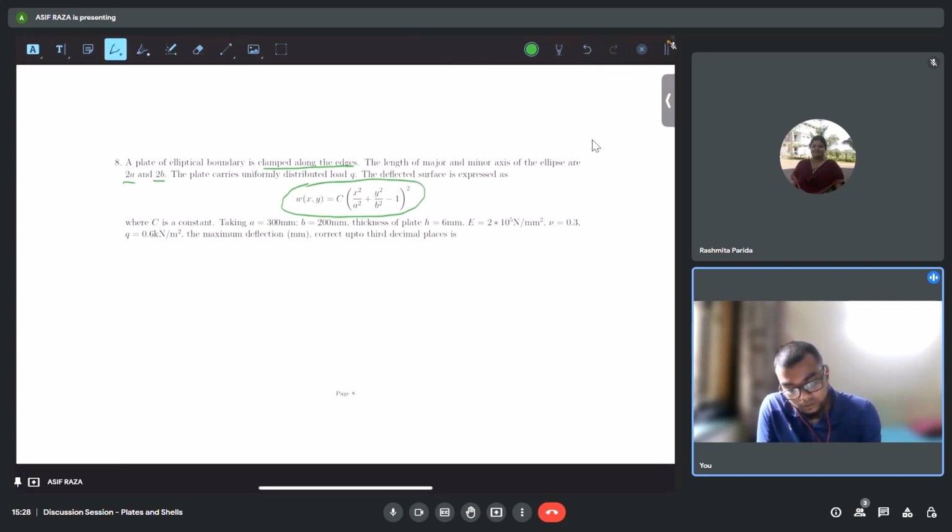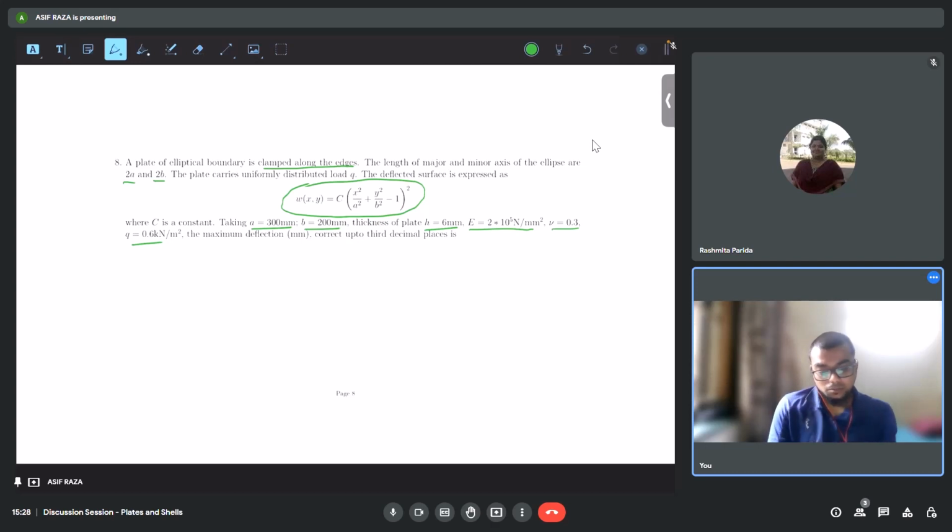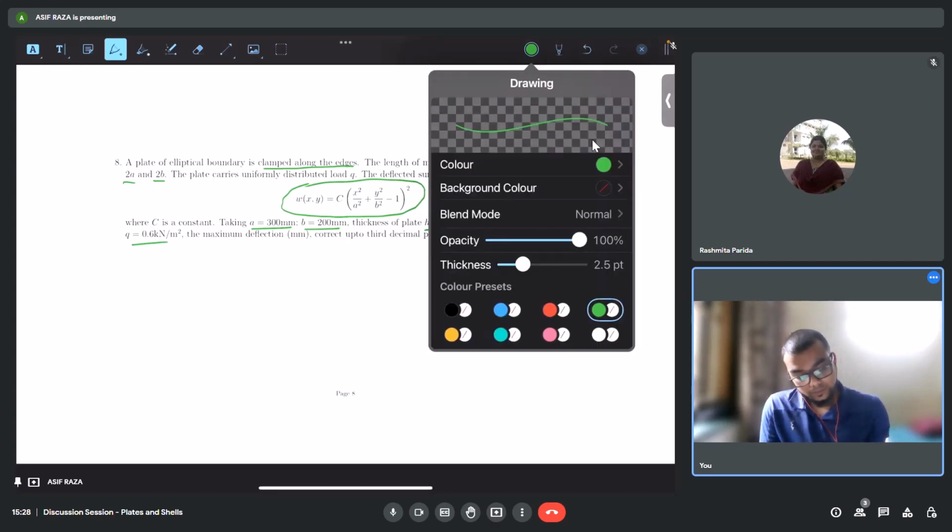Here C is a constant, A is equal to 300 mm, B equal to 100 mm. Thickness of the plate is 6 mm. Modulus of elasticity is 2 into 10 power 5 Newton per mm square. Poisson's ratio is 0.3. The load is 0.6 kilonewton per meter square. So we need to find the maximum deflection in mm, correct up to third decimal places.